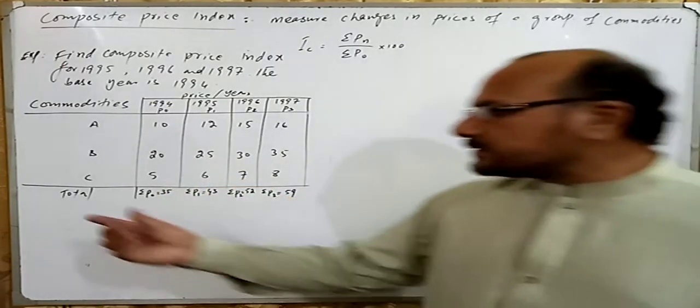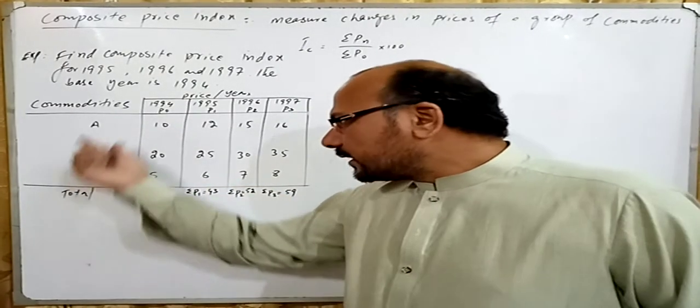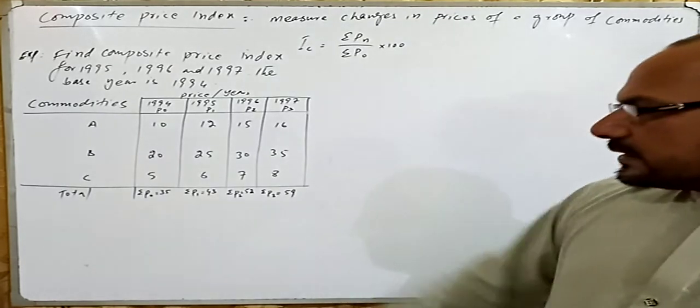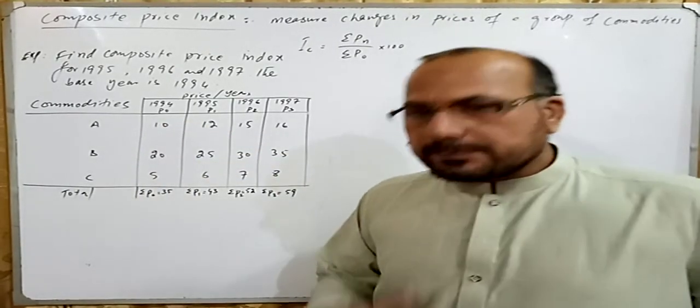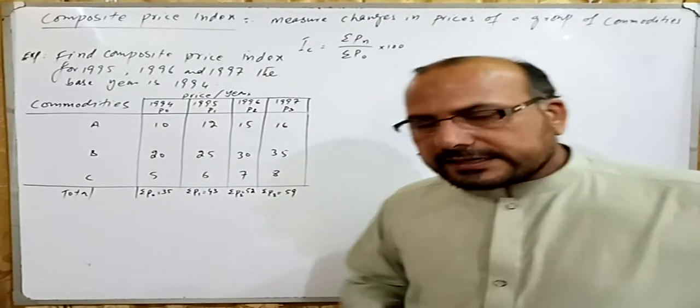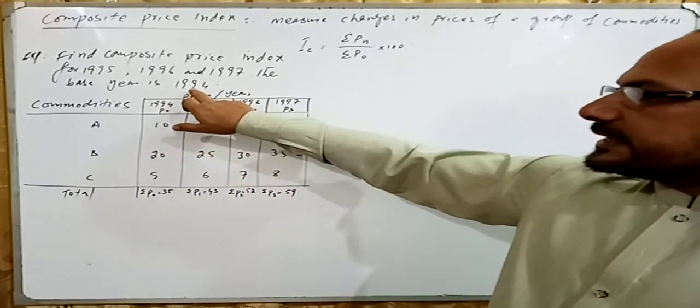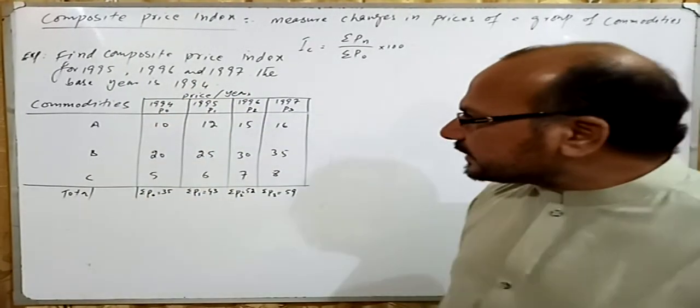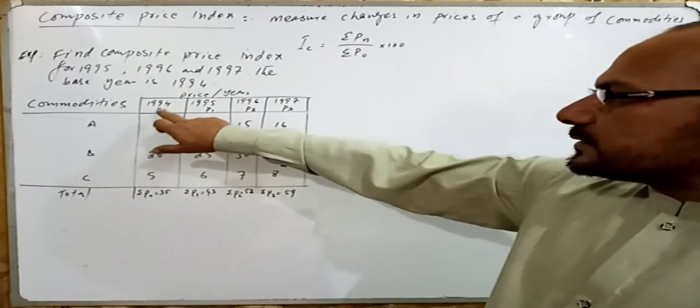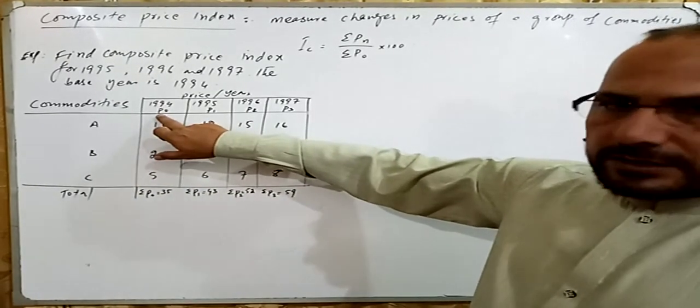So the first point is you have to find the total of all the commodities, which means you have to sum up the prices. The prices given in the base year, because 1994 is the base year, we can denote by P naught.